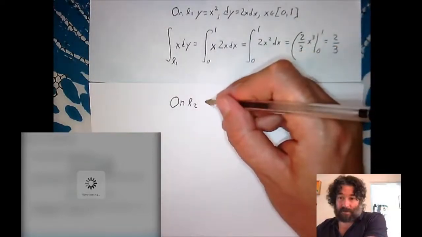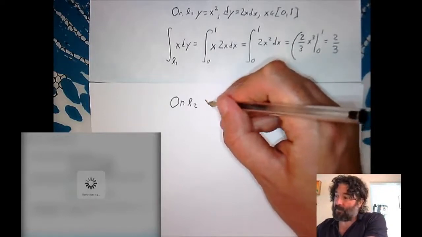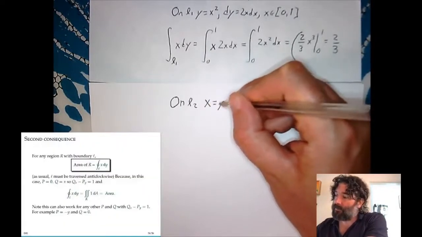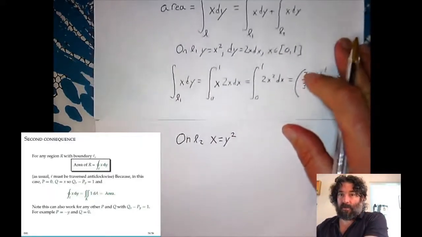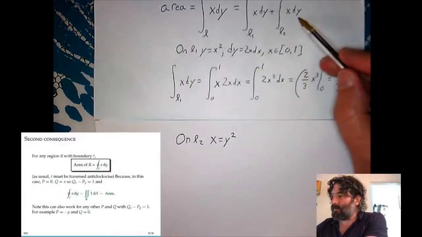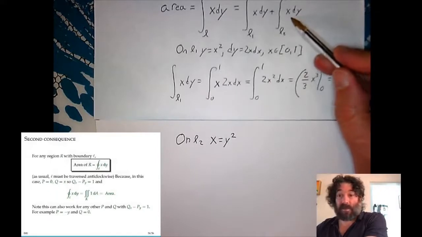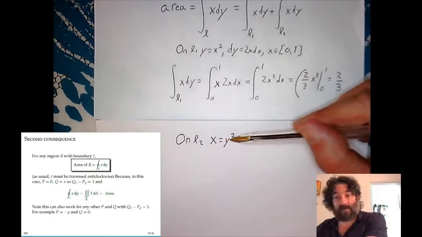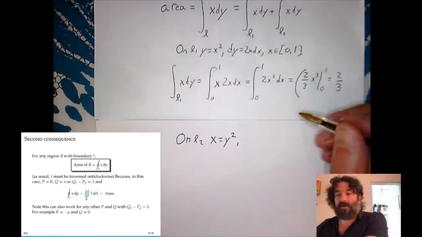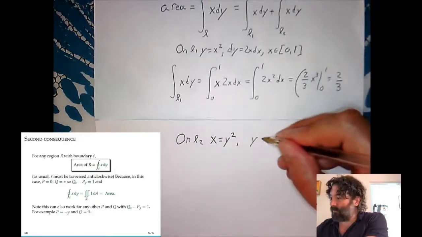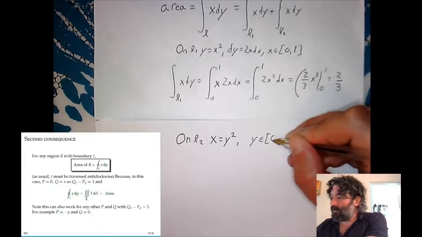You could also use x as the parameter, but let's use y. So x equals y squared, and what we want to integrate is x dy, so we don't need to calculate dx, although you could, of course. dx equals 2y dy. And y on L2 goes from 1 to 0 because of the orientation of the curve.